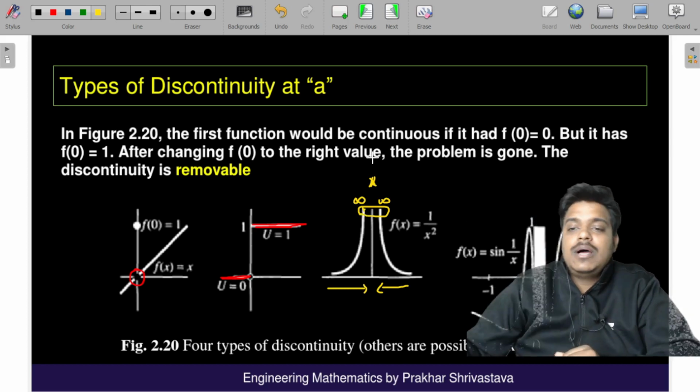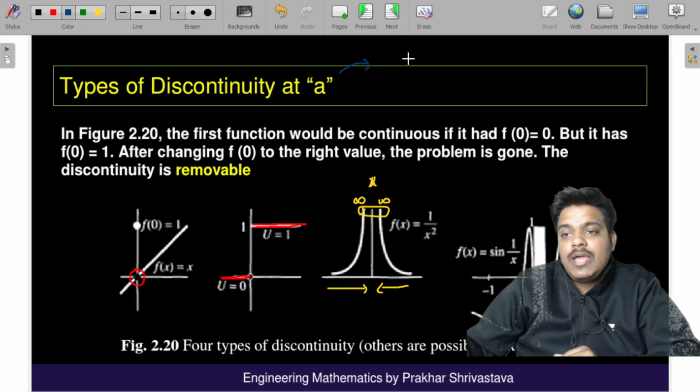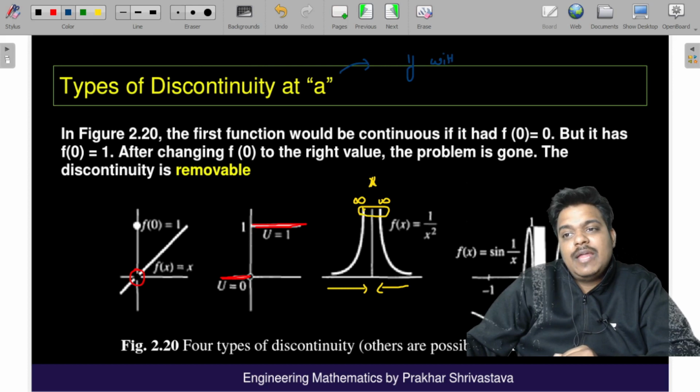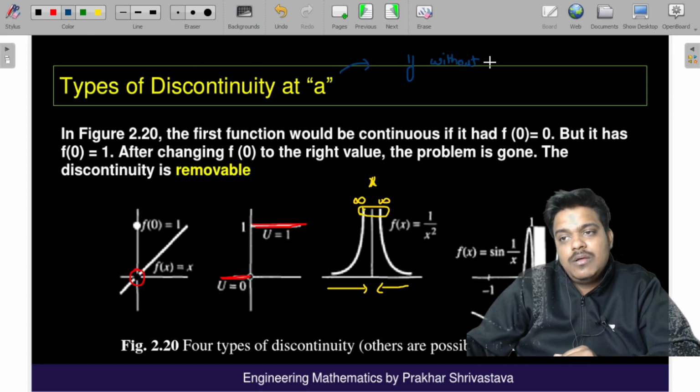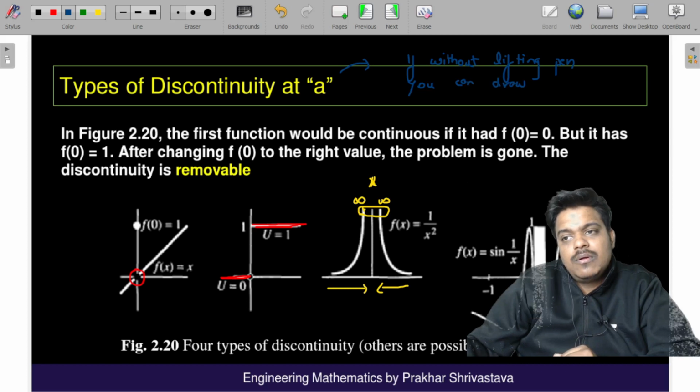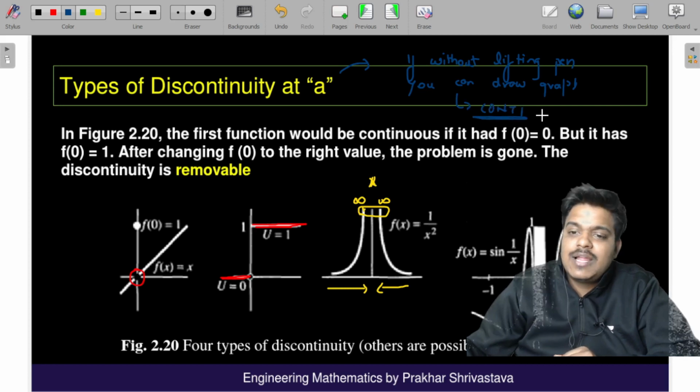I'll tell you a small rule about continuity. If you can draw the graph without lifting the pen, it is clearly continuous.